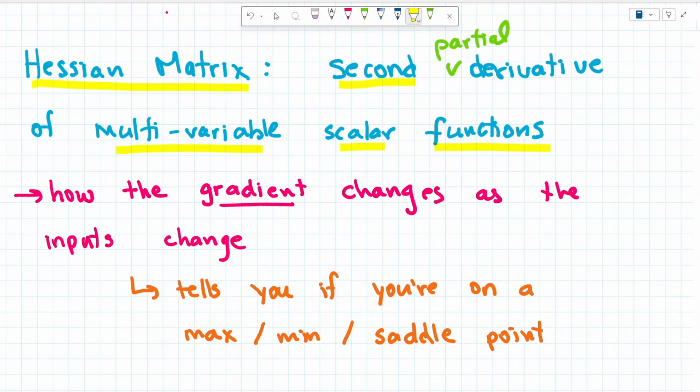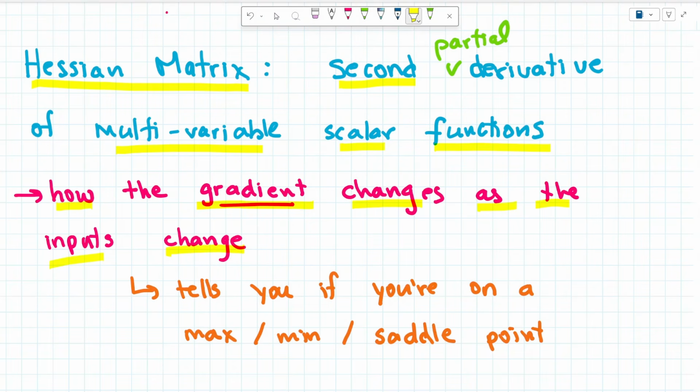You can think of the Hessian essentially as the first derivative of a gradient, or as the second derivative of a function. So what does the Hessian matrix tell us? Well, it tells us how the gradient changes as the inputs change. So now we are tracking the changes of that first derivative, the gradient.